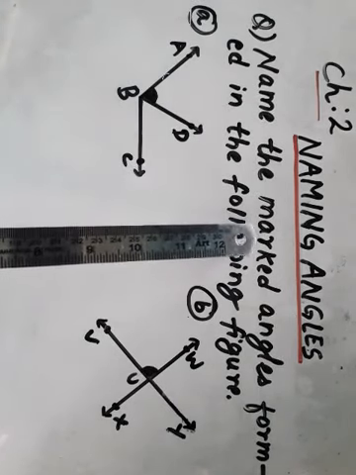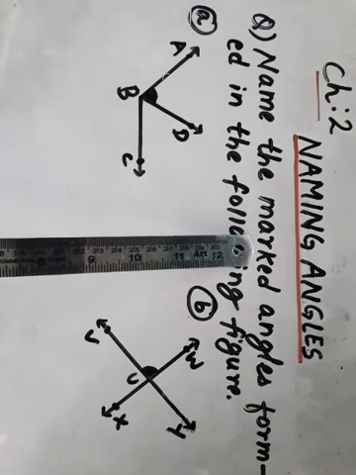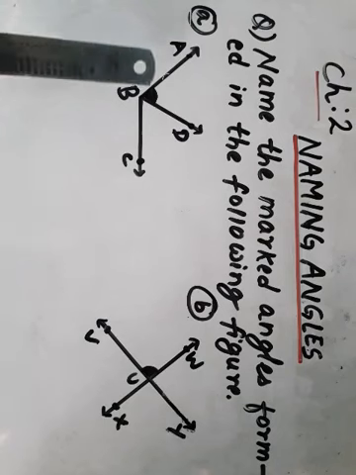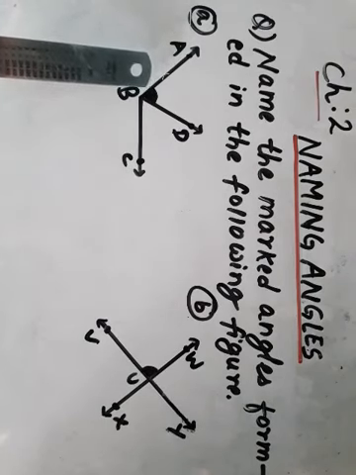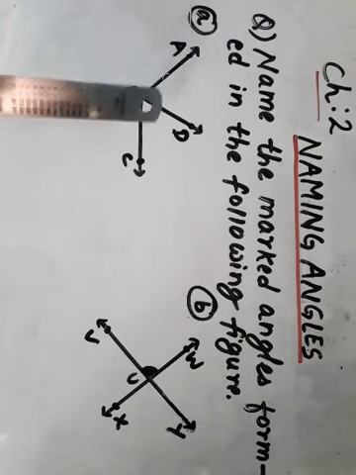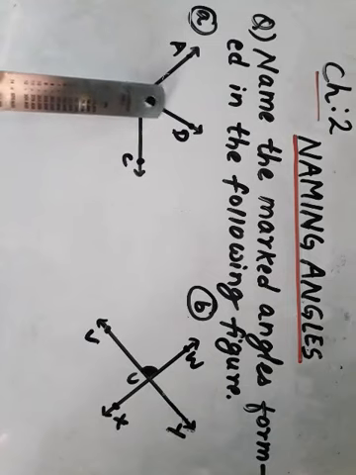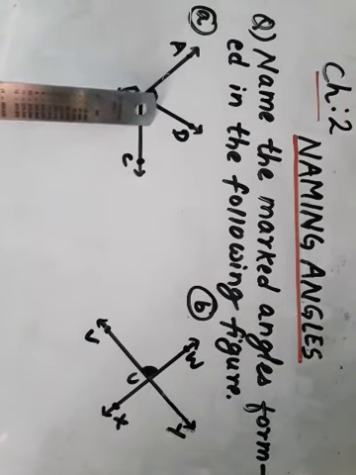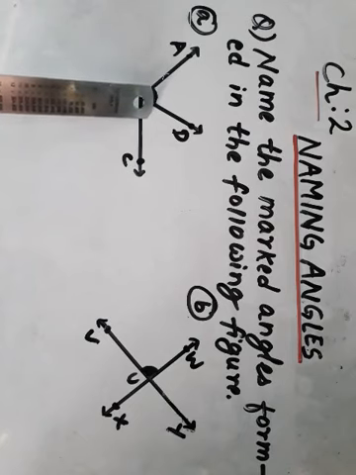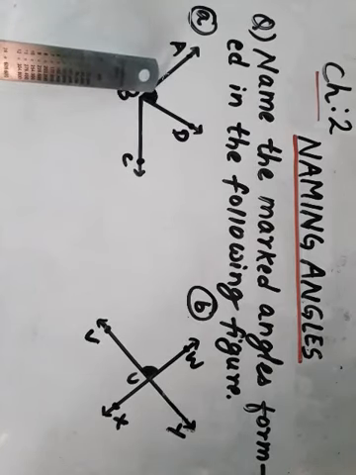You have to name the marked angle only. Here you can see the angle has been marked with black color. So you have to name this angle. You can see an angle here too, but according to the question, you are not supposed to name this angle. You have to name only the marked angle, this angle.